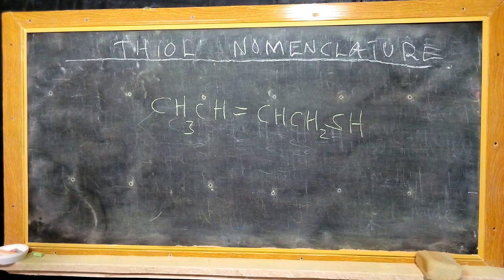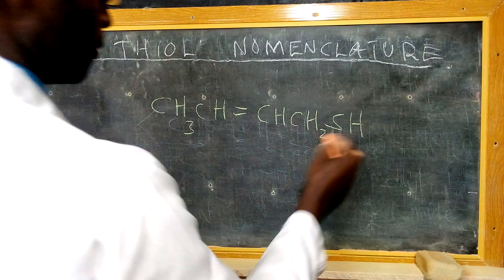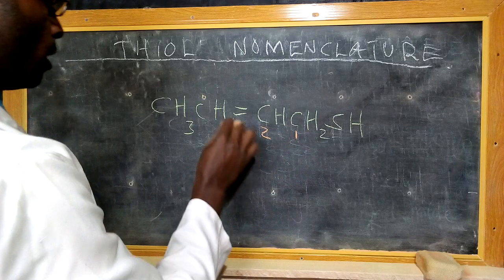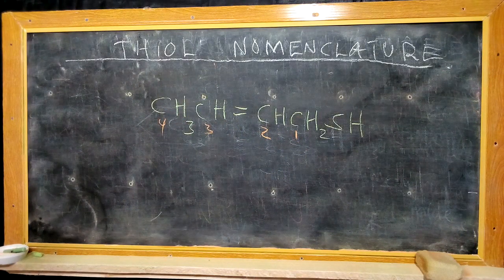Looking at this member, we have a double bond at carbon number 2. So naming from the functional group, we have 2, 3, 4. So it's still a butane from the alkane series, but since it has a double bond, it will be a butene.